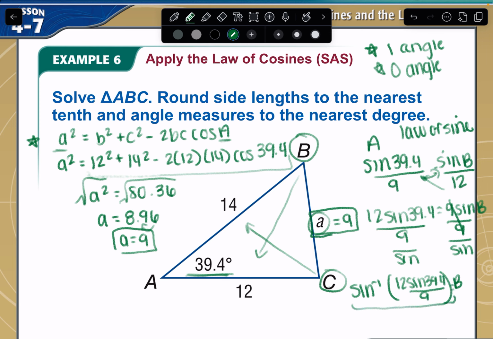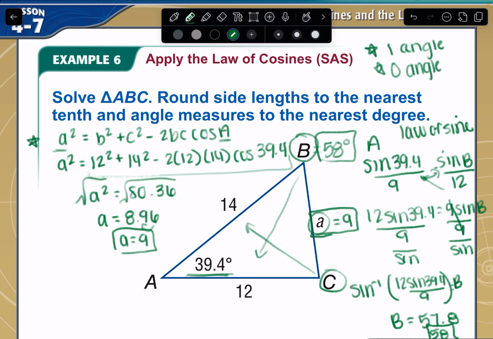This whole chunk I'm going to plug in my calculator and solve for B. It tells you to round to the nearest degree for your angle measures, so you're just going to round to the nearest whole number. So whenever I do that, I would end up with 57.8, which would really round to 58. So I then found this angle measure is 58 degrees.